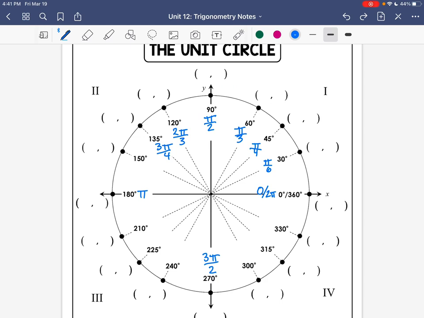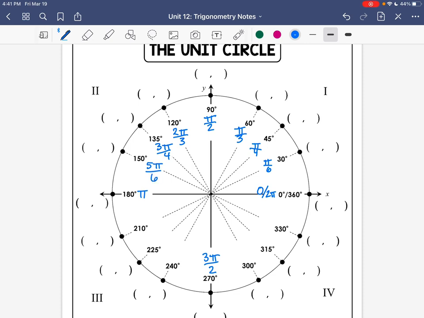Okay, for 150, we're going to continue that counting from 120. Then you're going to multiply by 3 again. So you get 5 pi over 6, not 30. I was already in my next step in my head of talking about 30 degrees.